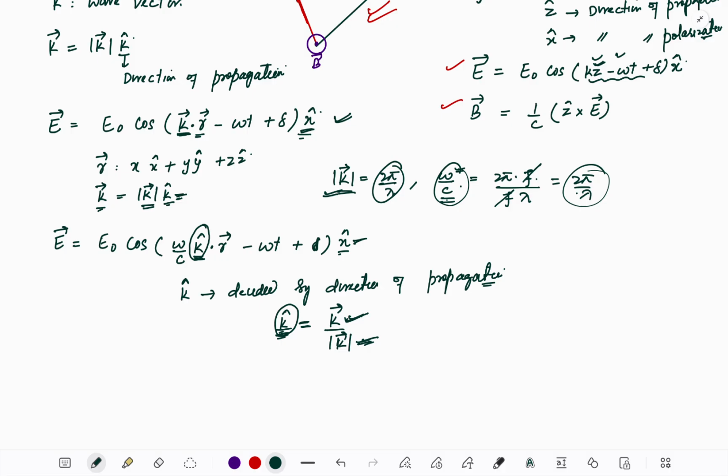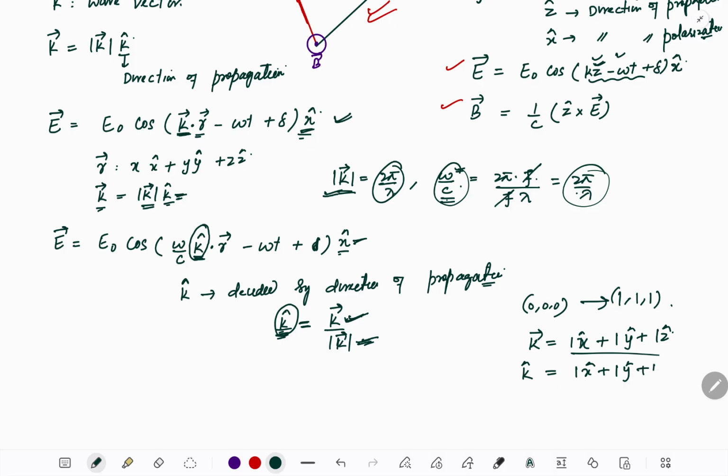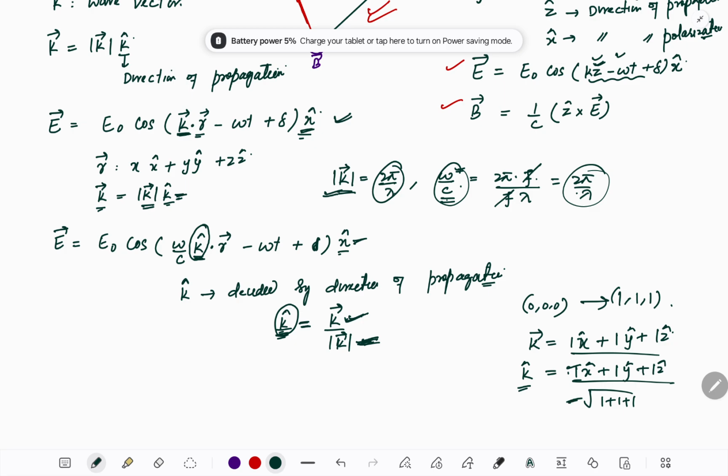If a wave is propagating from the origin 0 0 0 to 1 1 1, then the k vector is 1 x cap plus 1 y cap plus 1 z cap, and k cap can be written as 1 x cap plus 1 y cap plus 1 z cap divided by the magnitude, root of 1 plus 1 plus 1. I hope you all know how to find the unit vector: the full vector divided by the magnitude.